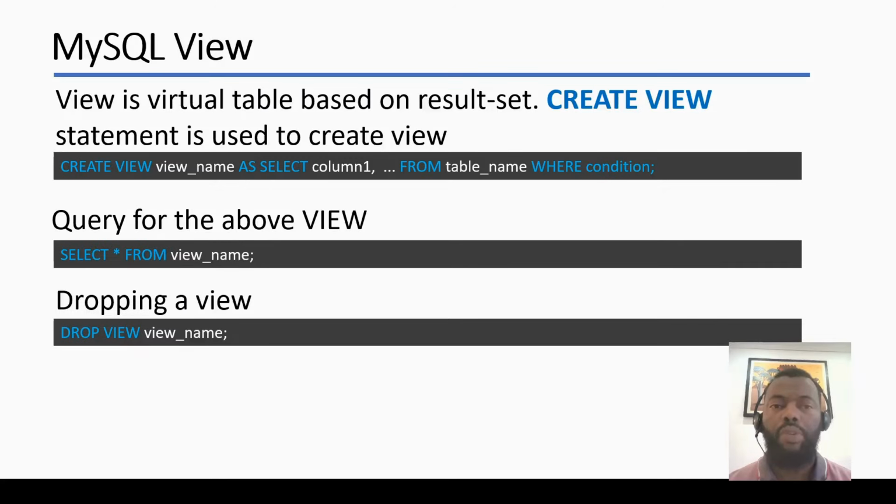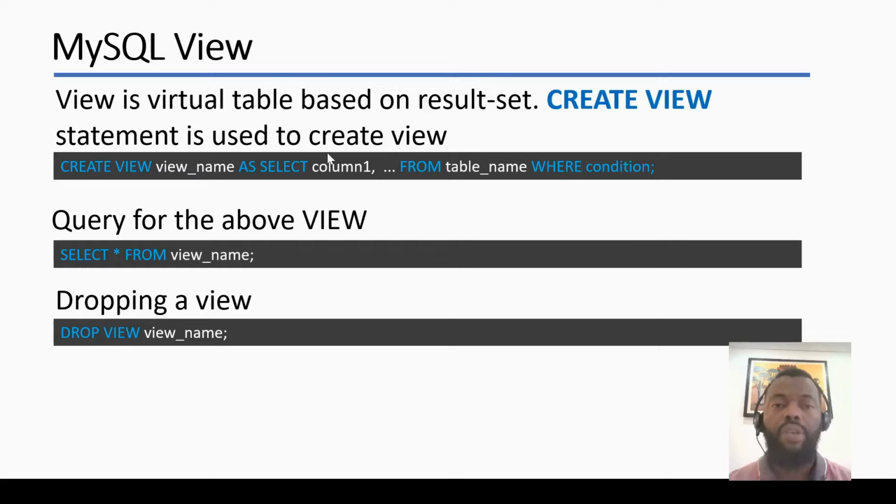A view is a virtual table based on a result set. To create a view, we have to use a create view statement followed by a select statement. We have some cases where we have a select statement in the main part of the code of our application.